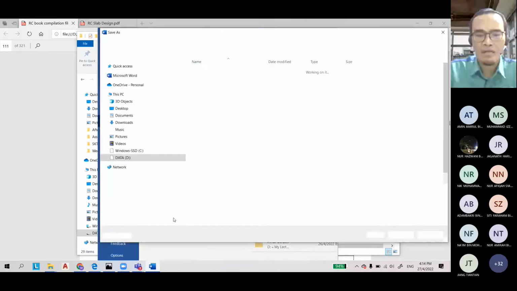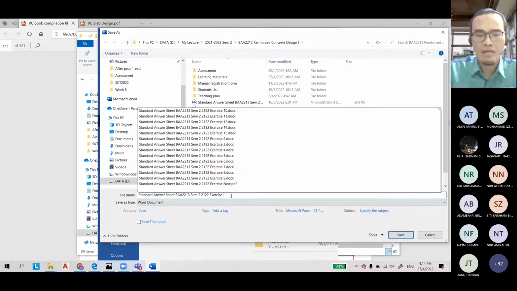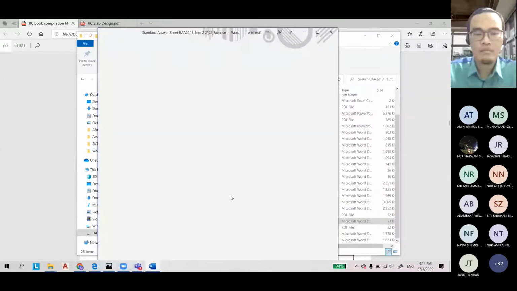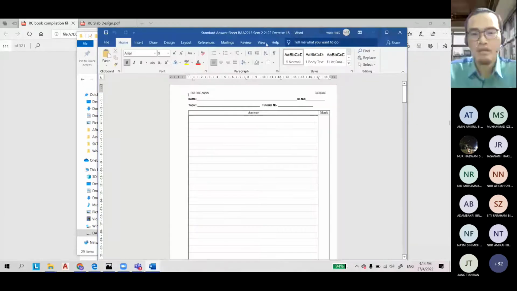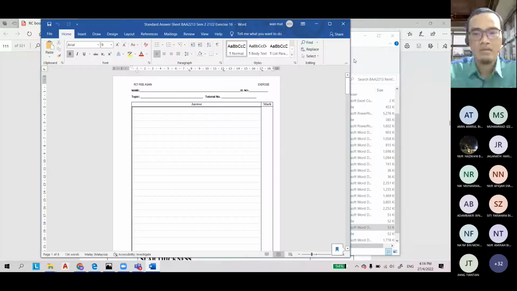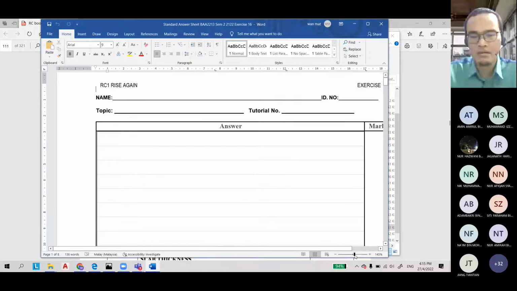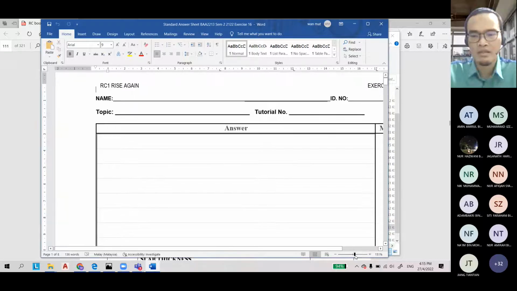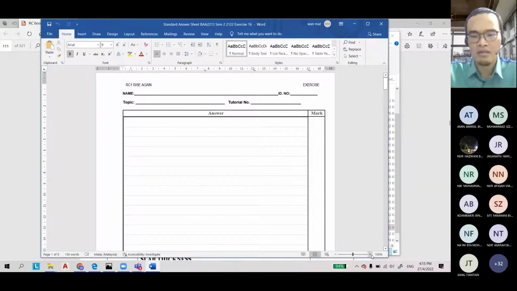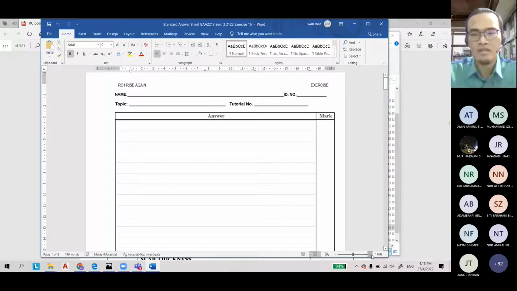I hope you are ready here. The design of a two-way slab is quite similar to the one-way slab. If you still remember, in one-way slab we design the main reinforcement in the main direction.